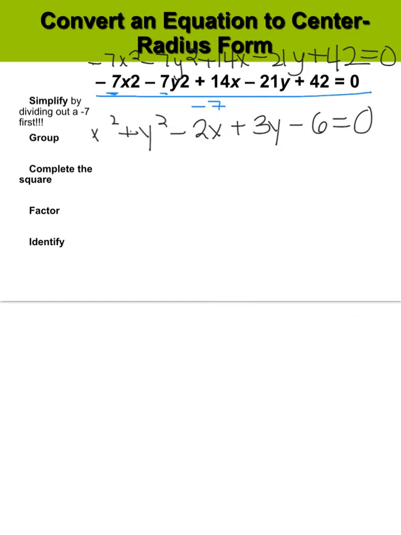Now we need to group similar variables together. So let's start with the x's. x² - 2x, leave a spot open for the third term, plus y² + 3y, leave a spot for the third term, is equal to a positive 6 when you add 6 to both sides.